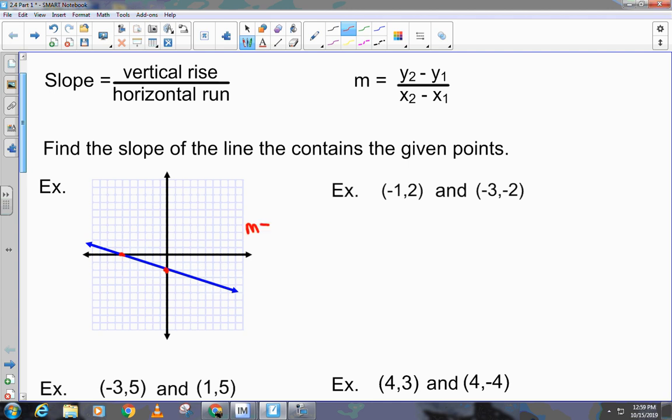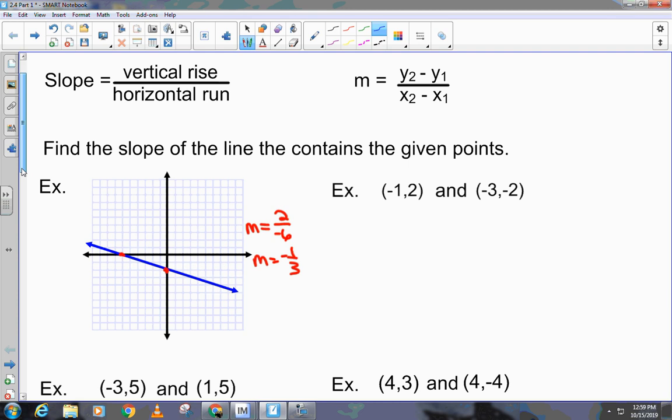So my slope is a positive 2 over a negative 6. And what does that reduce to? Okay, so my slope is a negative 1/3. That negative can go on the top or the bottom or out to the side. All right, so that is looking at a graph to identify slope.